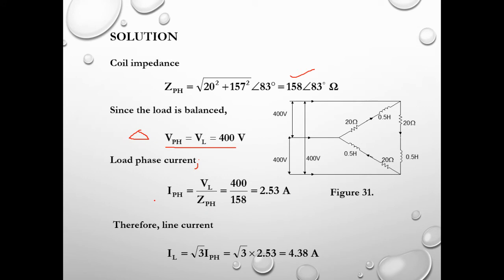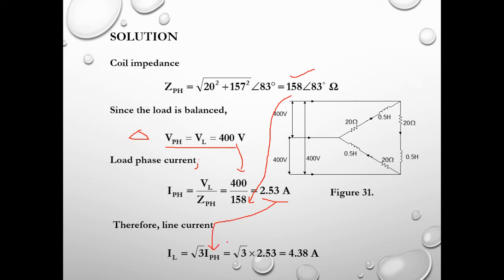This is again Ohm's law. Just substitute the value of 400 as well as Z_ph, and this is equal to 2.53 ampere.